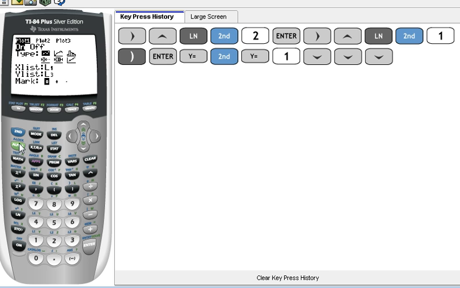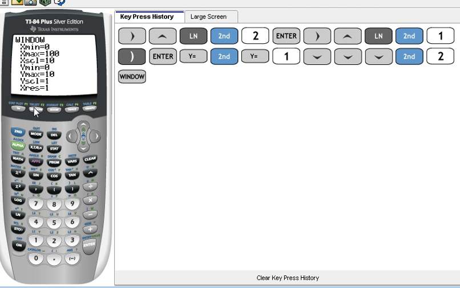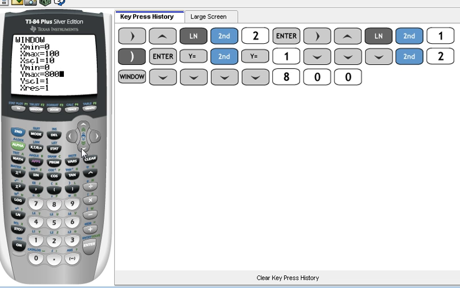So in my case, I'm going to go to the y list here and enter second 2 for L2. I'm then going to go to the window and make sure that my x-min is 0, my x-max is 100, x-scale is 10, y-min is 0, and y-max is 800, y-scale is 50.